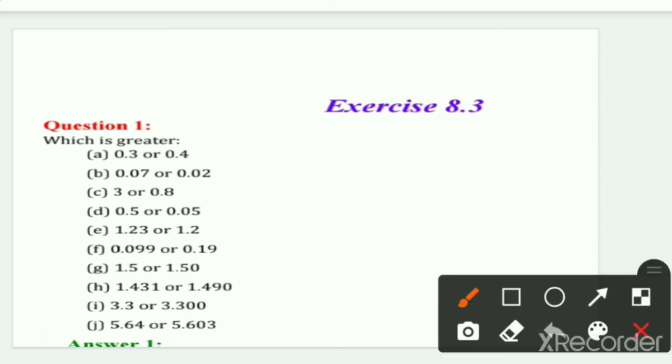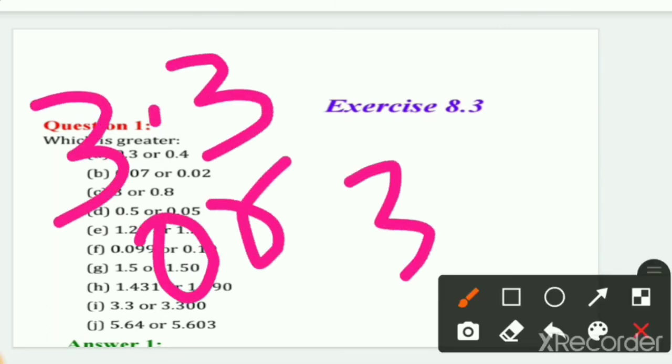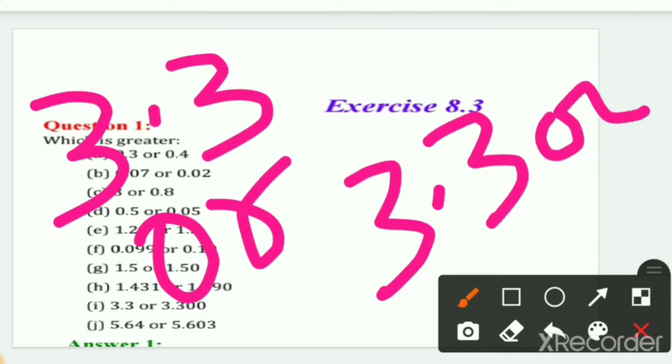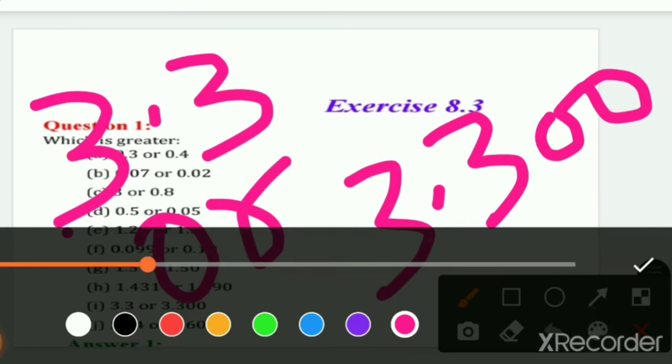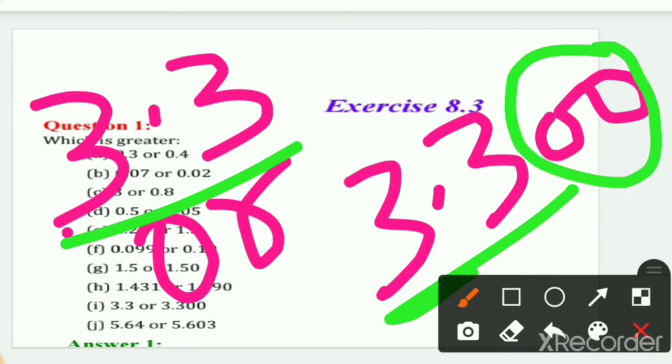Now moving to the next one, 3.3 or 3.300. Okay, now tell me which number will be greater. See, if you observe, these two numbers are the same. Each place is the same, but one includes 0s and here there is no 0.